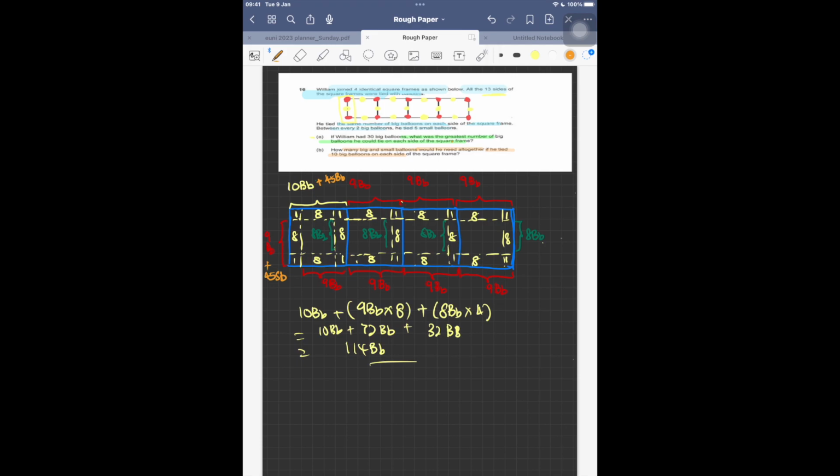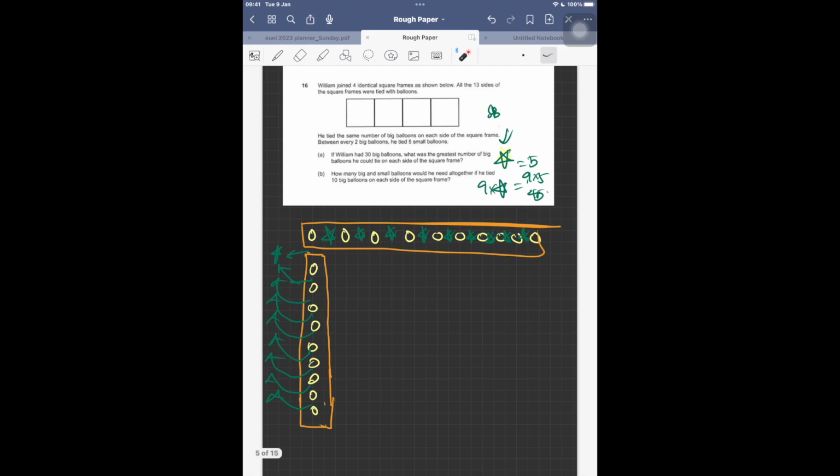What about this side? So here is 1, 2, 3, 4, 5, 6, 7, 8, 9. And then here is 10.